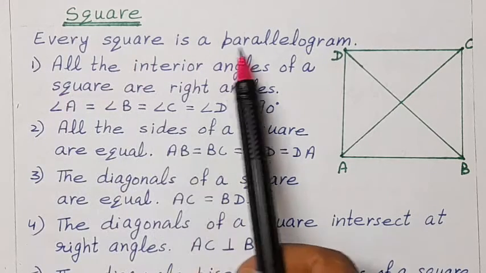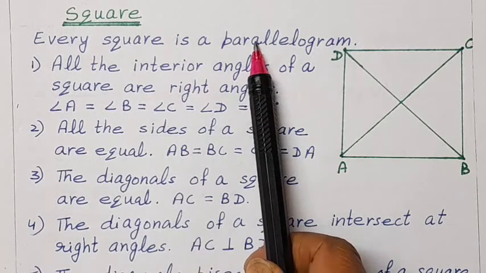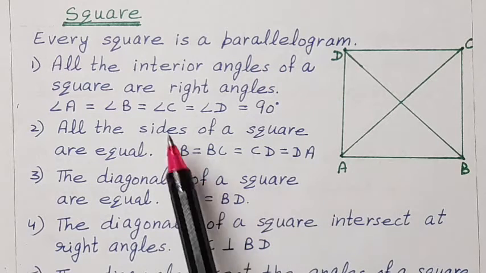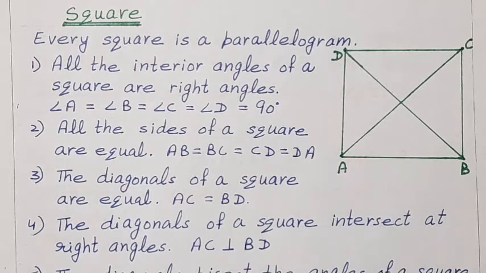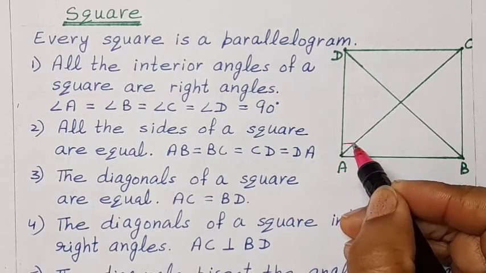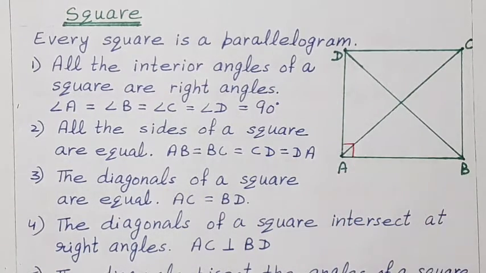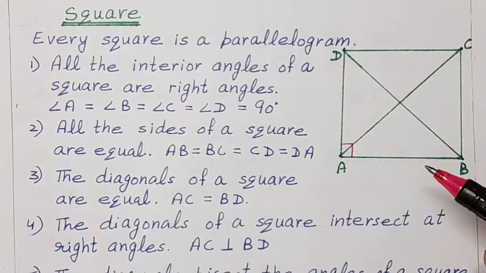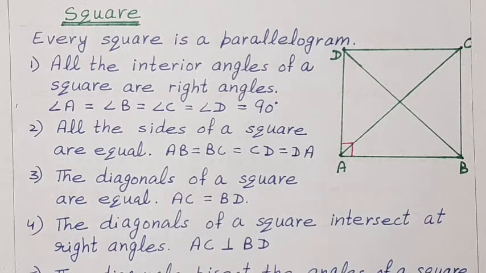Every square is a parallelogram. This we already know. Now, all the interior angles of a square are of 90 degree each. Now, this property is same as rectangle. In rectangle also, all the angles are of 90 degree each.